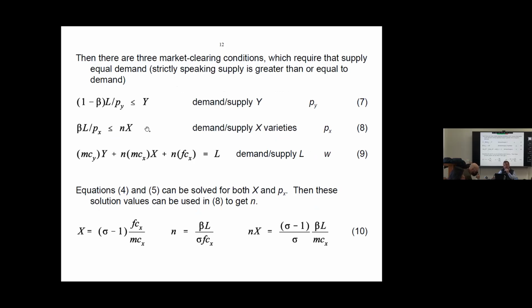Demand and supply for X varieties, the total amount of stuff produced, is 1 minus beta times L over PX. And then the supply and demand for labor: the demand comes from the Y sector, from the X sector when it's used for marginal costs, and from the X sector when it's used for fixed costs. So the left-hand side has 3 sources of demand for labor.